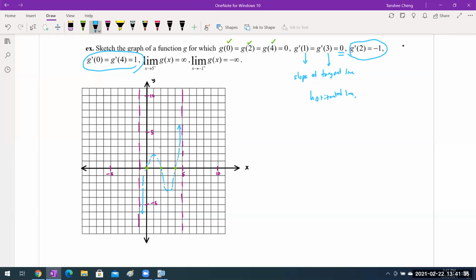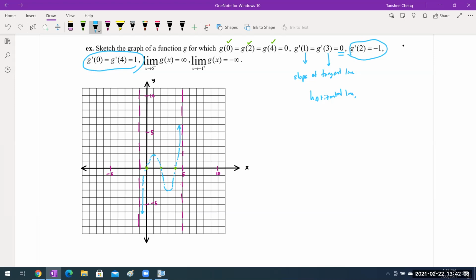Once again, I don't know how high this peak or how low this peak is going to be, because we don't have any information about that. We are just drawing one of the graphs of the family of graphs with these conditions met so far. Now, let's double check whether the way that we graphed it is correct by filling in the rest of the information.